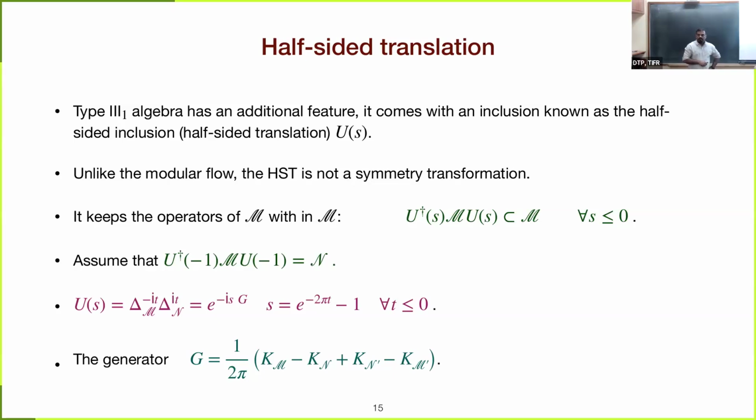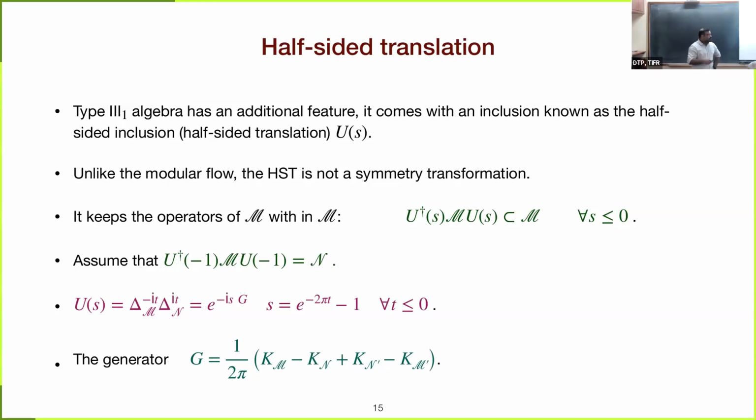So any U(s) that maps M to a proper subalgebra is not a half-sided translation? Or is this not a complete definition? Right, the complete definition is that the U(s) also form a group, a continuous unitary group.